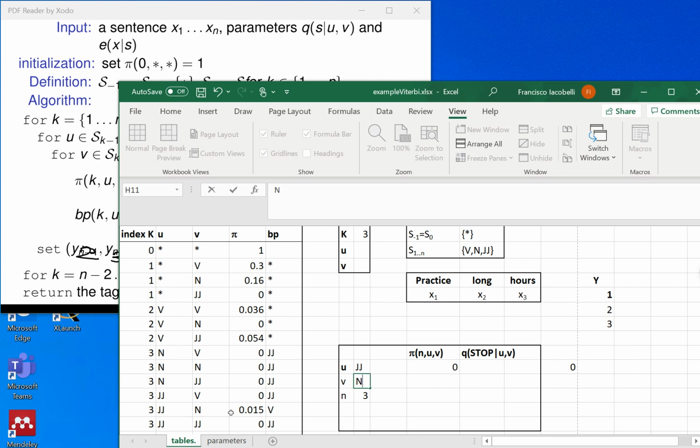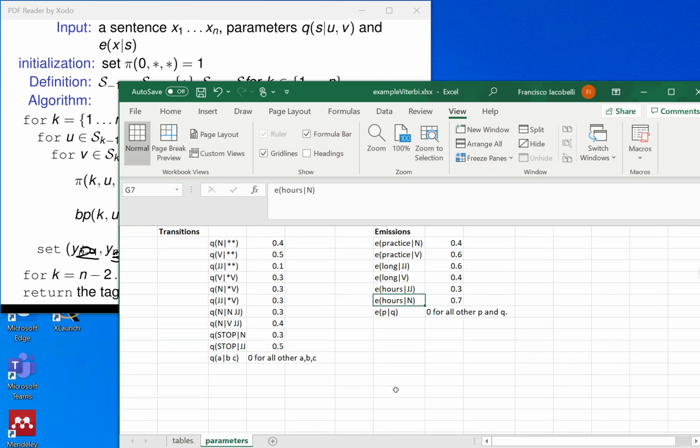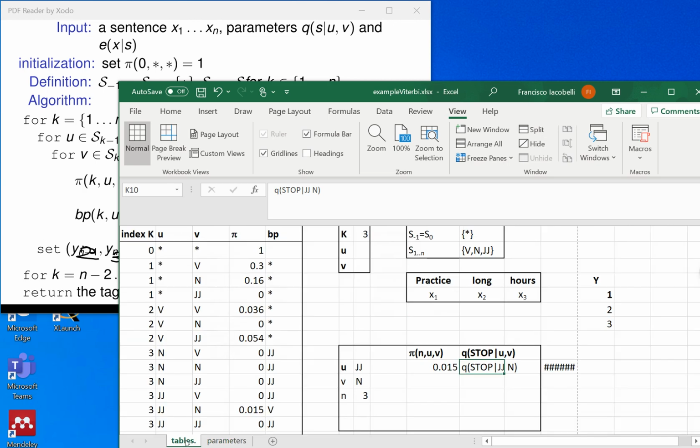3, jj, n is 0.015, times the q of stop given jj and n. What is stop given jj and n? It's right here, 0.5.